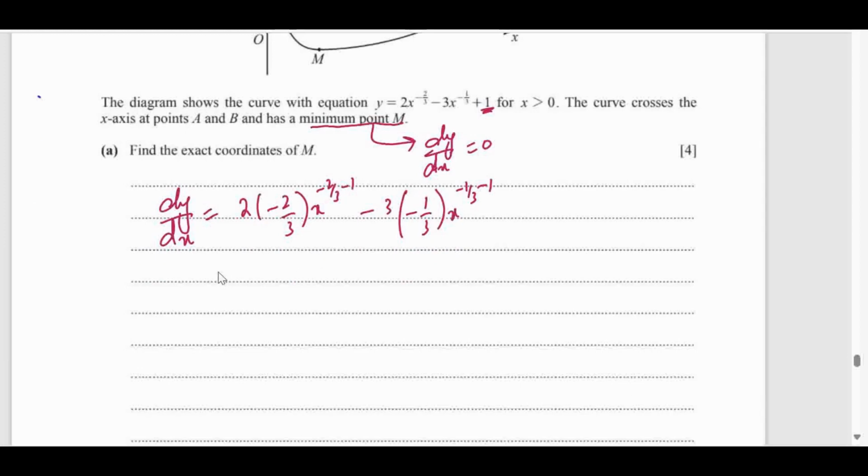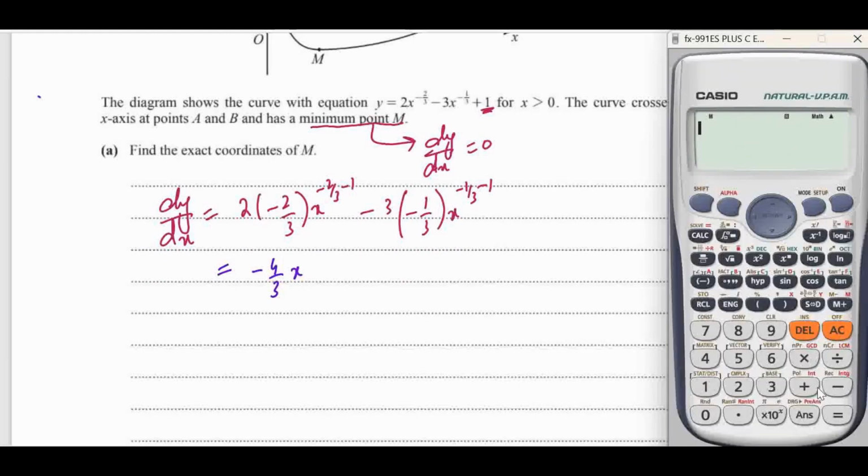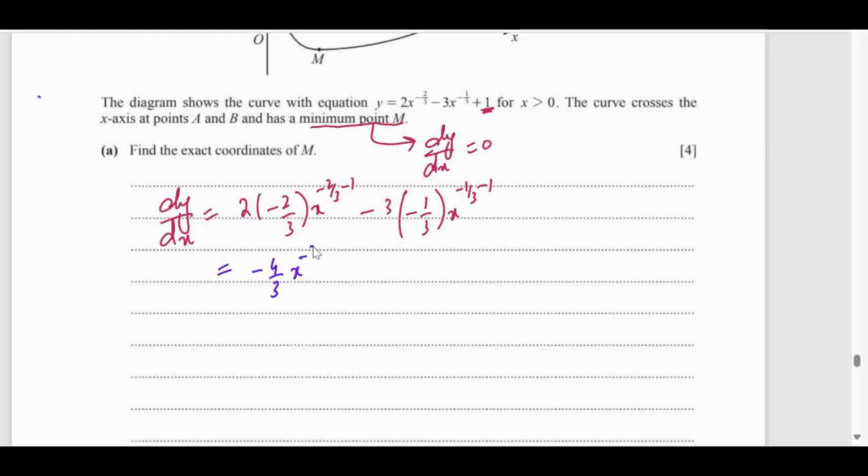This will be minus 4 by 3 x power minus 2 by 3 minus 1, which is minus 5 by 3.